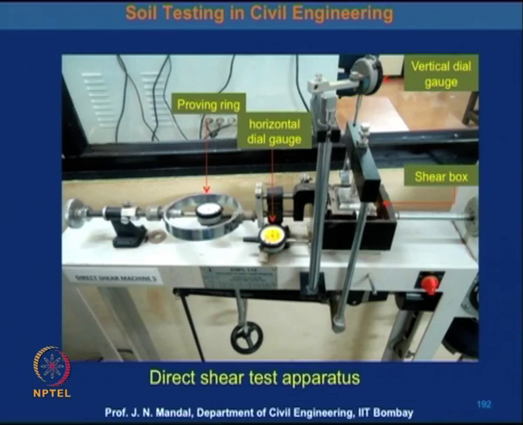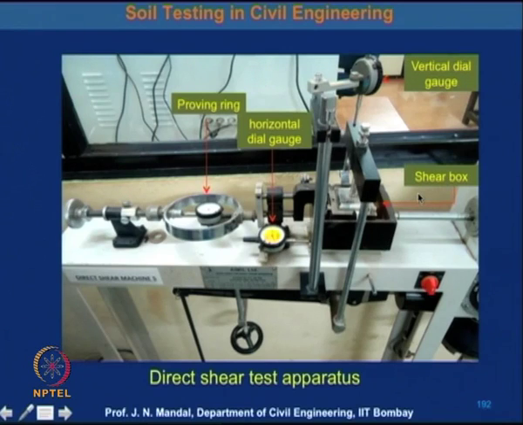This is also a direct shear box test. You can see here the proving ring, you can measure with the help of the proving ring. This is the horizontal dial gauge, and this is the vertical dial gauge, and this is the shear box.